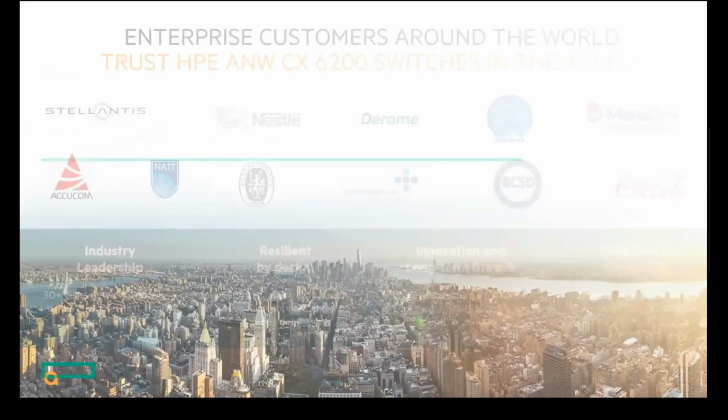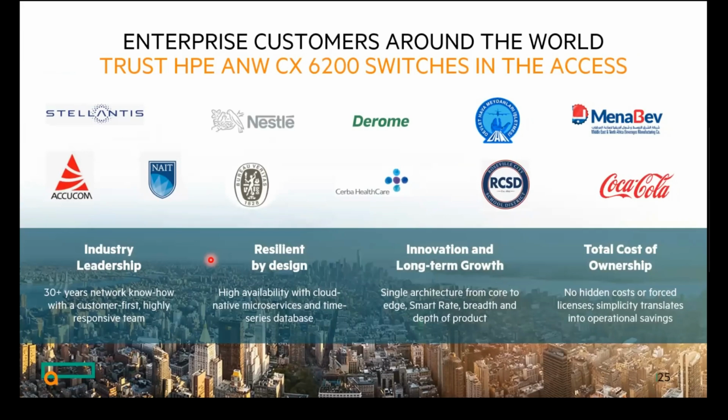So next is the secure access extension use case. Before I start the secure access extension, let me take a minute to showcase the recent customer wins of the 6200 switch series in the access layer. These are the customer wins in 2023.